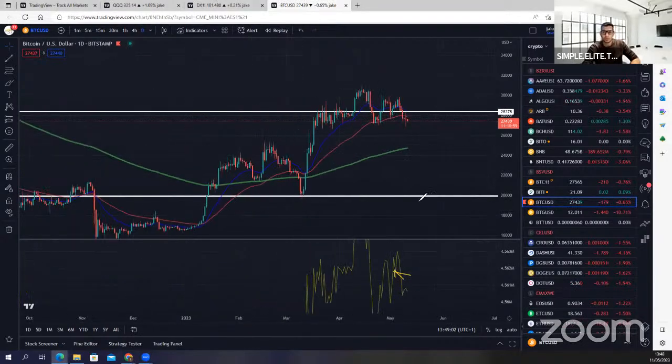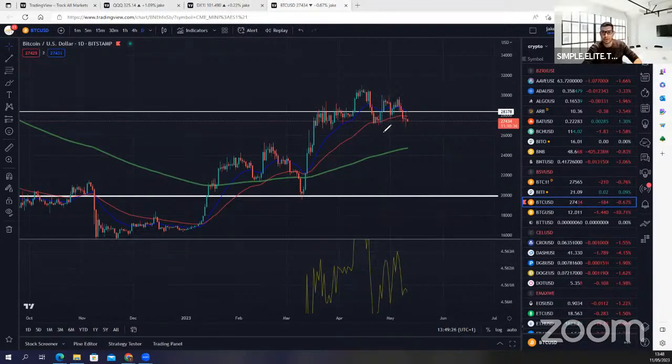So are we going to reach the 20,000, or is price basing now in the 28 area, and then it's just a fake move to the upside for the bullish season? We don't know yet.